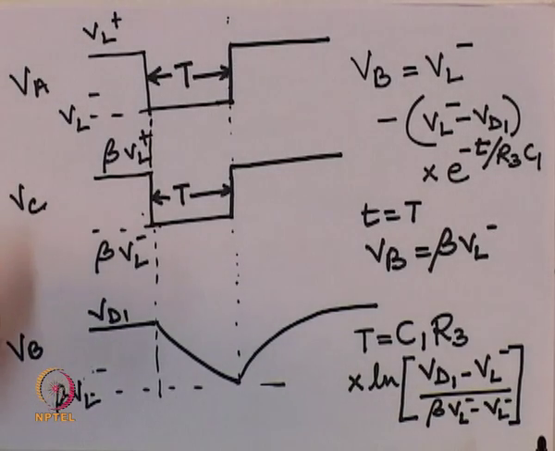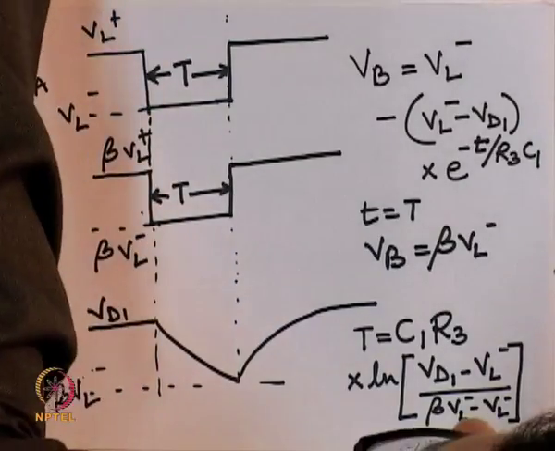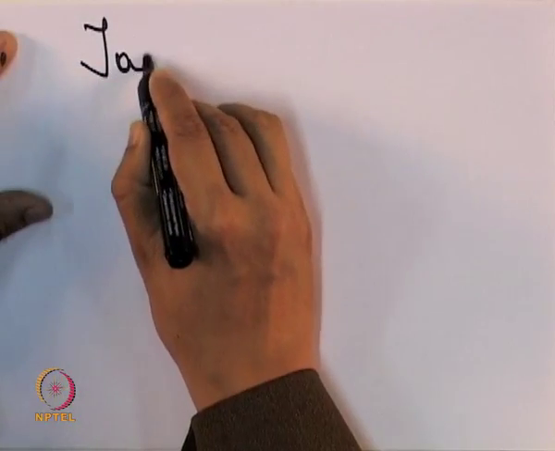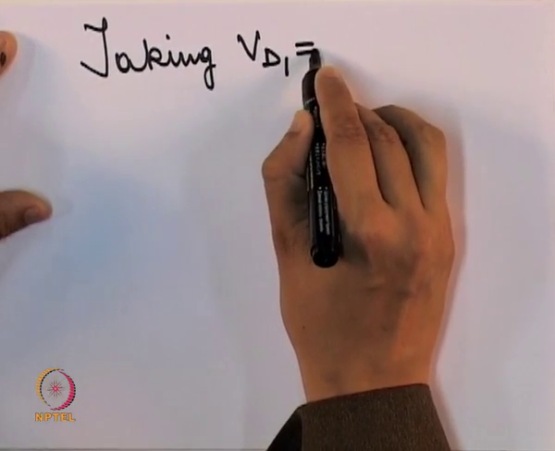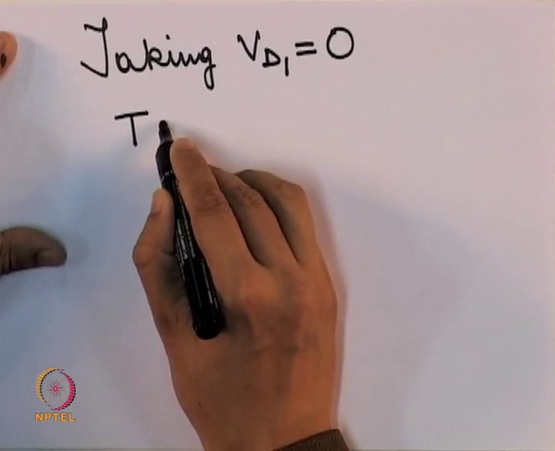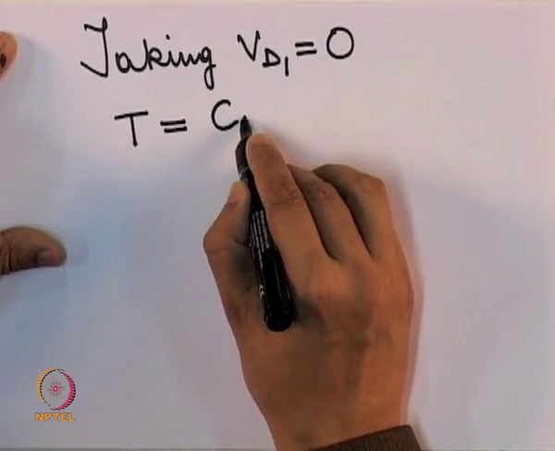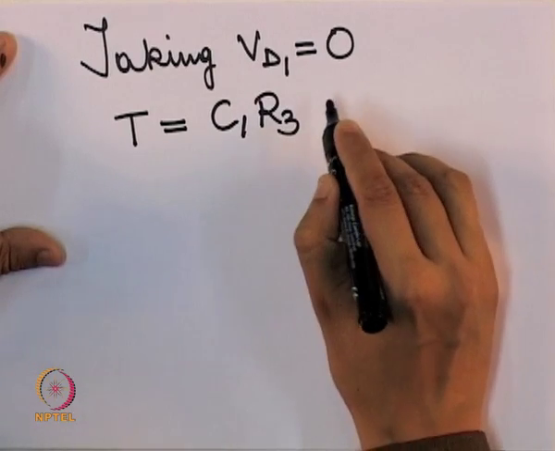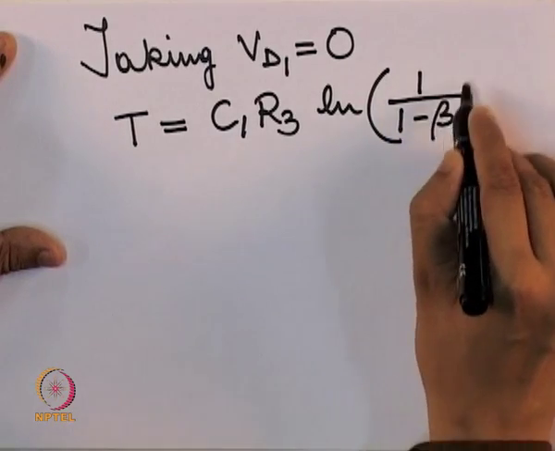If we ignore the diode drop, that is, if we assume that VD1 is equal to 0, we have T given by C1 R3 ln 1 upon 1 minus beta.